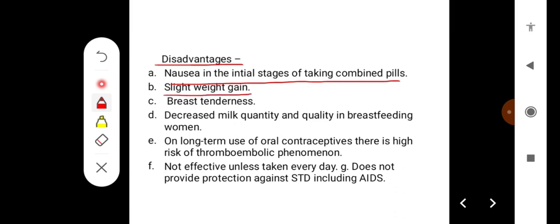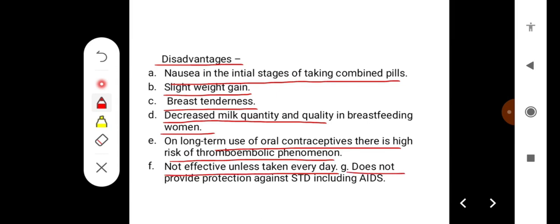There can be slight weight gain. There can be breast tenderness. There can be decreased milk quantity and quality in breastfeeding women. On long-term use of oral contraceptives, there is a high risk of thromboembolic phenomena. They are not effective unless taken every day, and they do not provide protection against STDs like HIV.